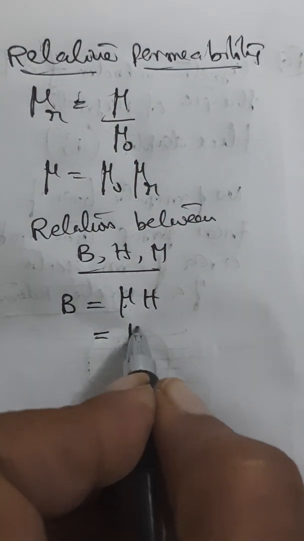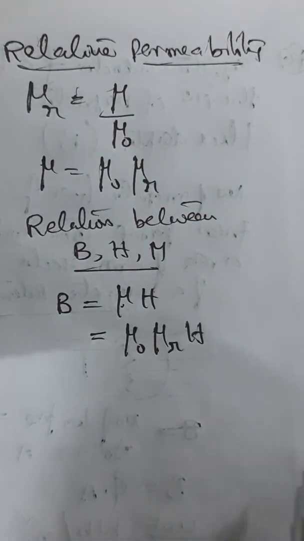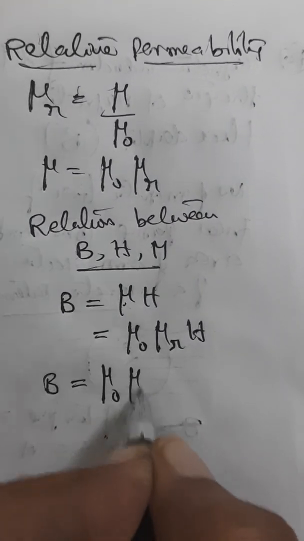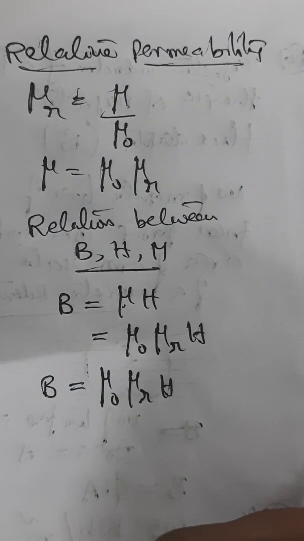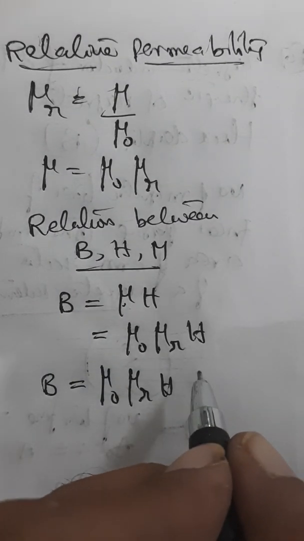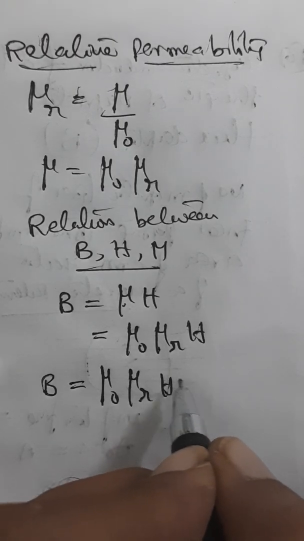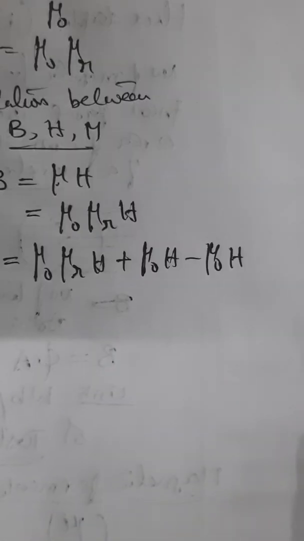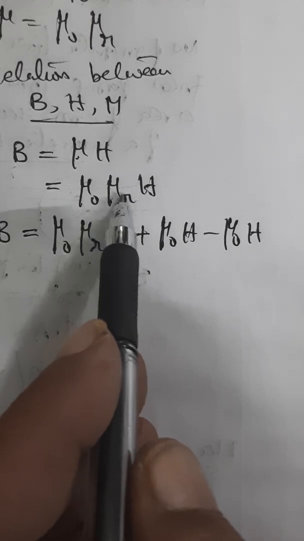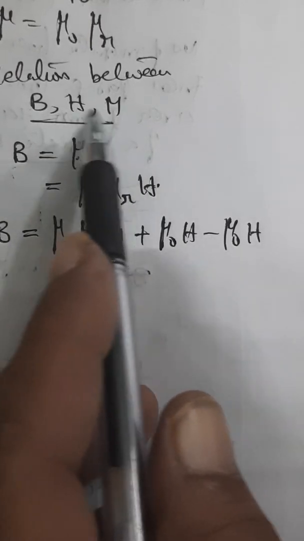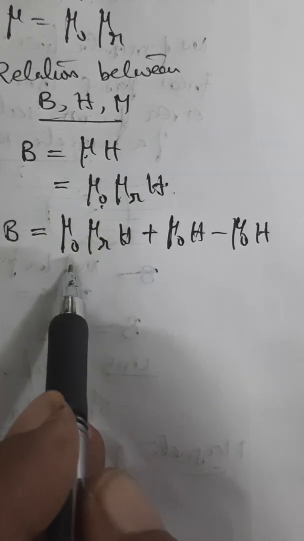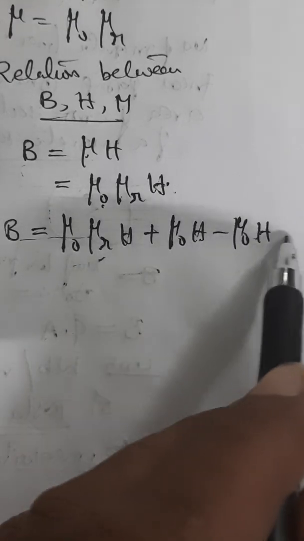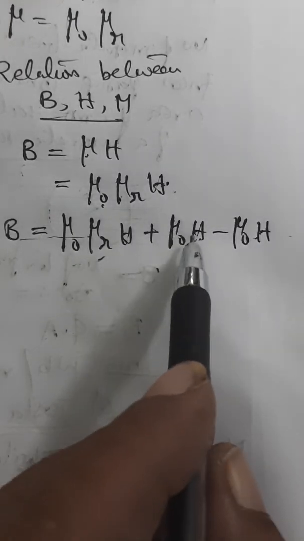So substitute: B is equal to mu naught mu r H plus mu naught H minus mu naught H. Nothing will happen now. It's a mathematical drama. B is equal to mu naught mu r H, you got. So I am obtaining the relation between them. I just added mu naught H and subtracted mu naught H. So mathematically it makes no difference, right?